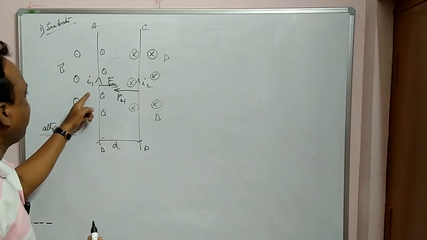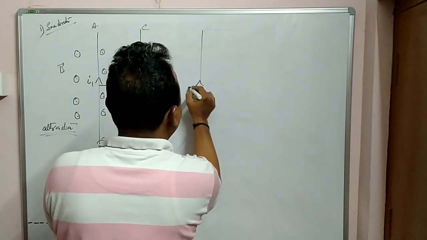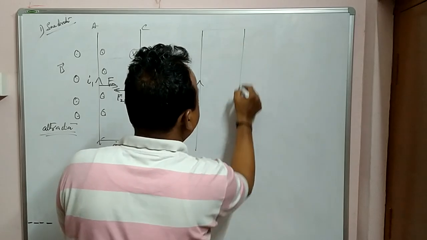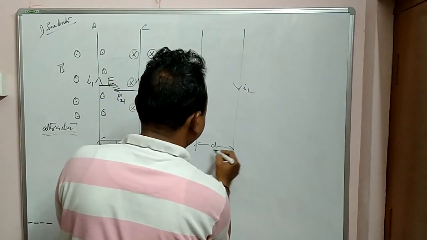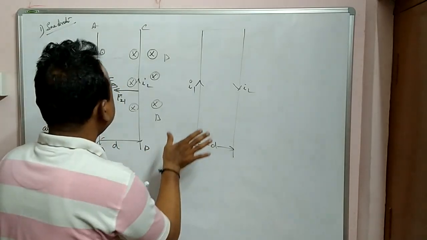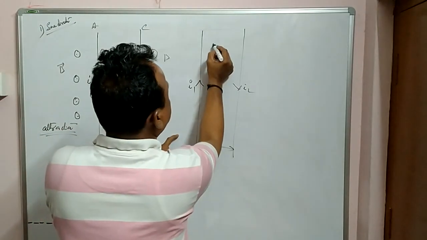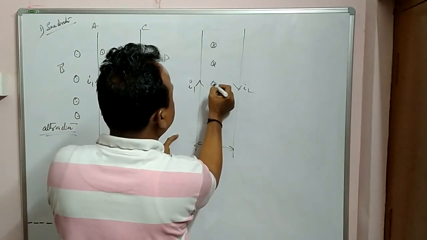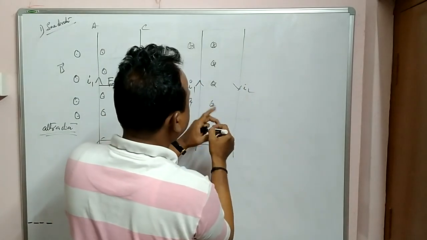Now the same thing if you go anti-parallel. For example, I1 in this direction and another one, I2, in the opposite direction, separated by distance d. Then what happens? Same again, see. Due to this one, the field is into the board.